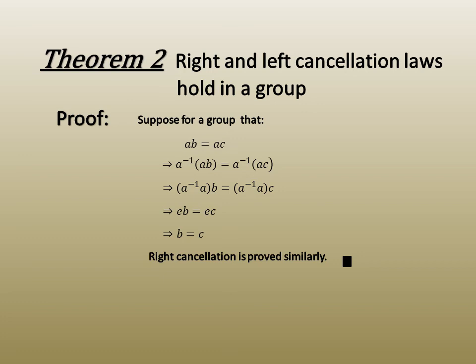One consequence of this theorem that we will see in the next video is that in a group table, each element of the underlying set appears exactly once in each row and column.